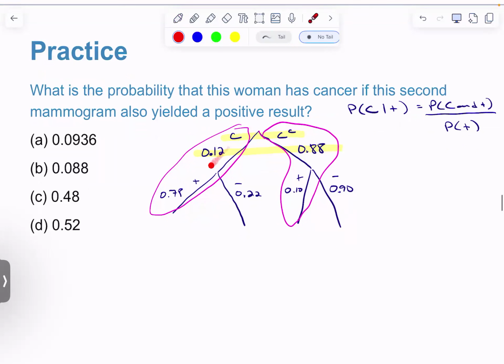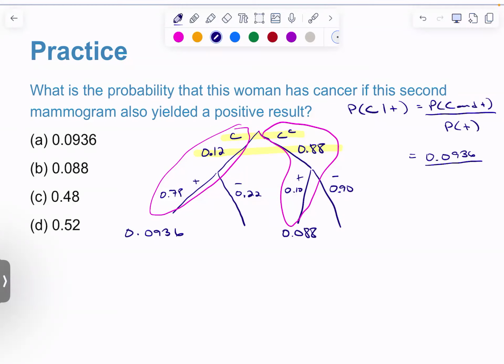So if I multiply down each branch, I get 0.12 times 0.78, which gives me a probability of 0.0936. And then the next branch that I'm interested in is 0.88 times 0.1, which is 0.088. So 0.0936 is the probability of cancer and positive.